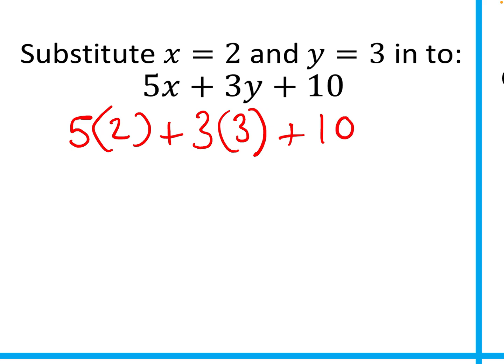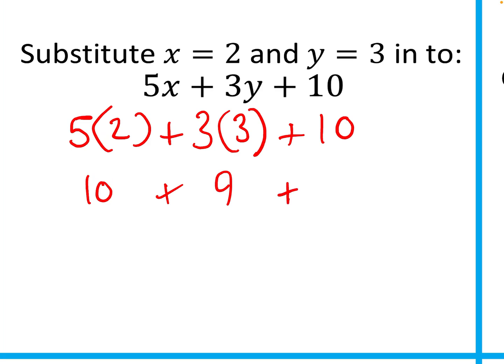Okay, so now let's carry out our multiplication. So we had 5 multiplied by 2, both positive numbers, so this was 10, plus, and then we had 3 multiplied by 3, which equals 9, plus, and we haven't done anything to the 10.